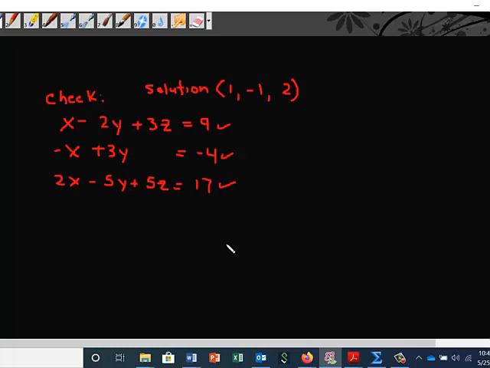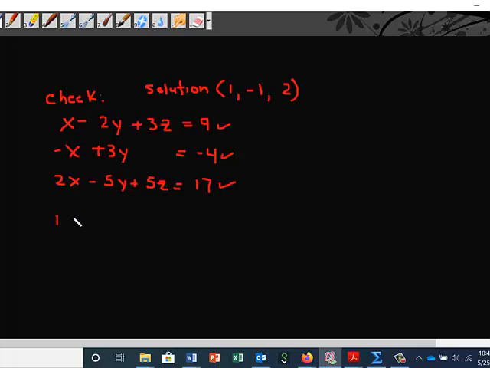It depends on what type of system you have and how many equations. You have to run the solutions that you found in every single equation to make sure that it's correct. Because sometimes one or two or three, even on a 5 by 5, might be correct, but if you keep going and run it in the fourth or fifth equation, this solution is wrong. You won't come up with the same thing. So it's important that you run it for everything.